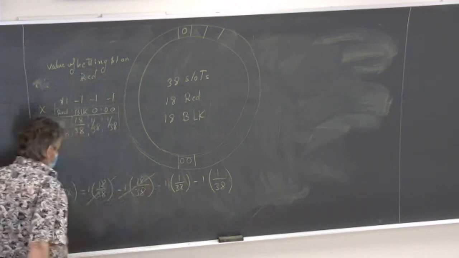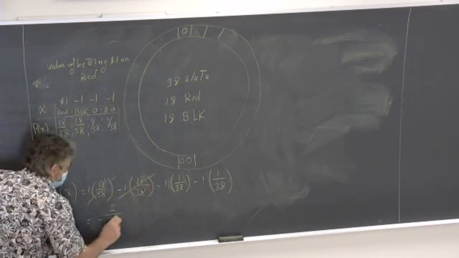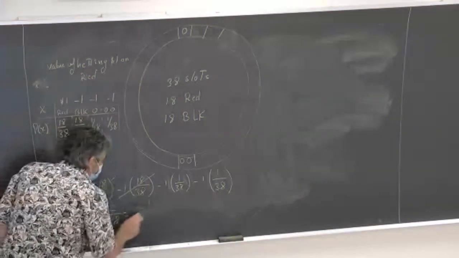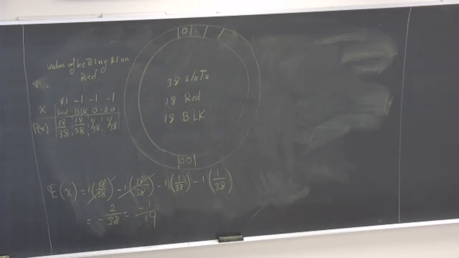Those two cancel out. So the expected value is negative 2 over 38, which is negative 1 over 19. So the expected win for a person betting on red will actually be a loss of 1/19 of $1 every time.